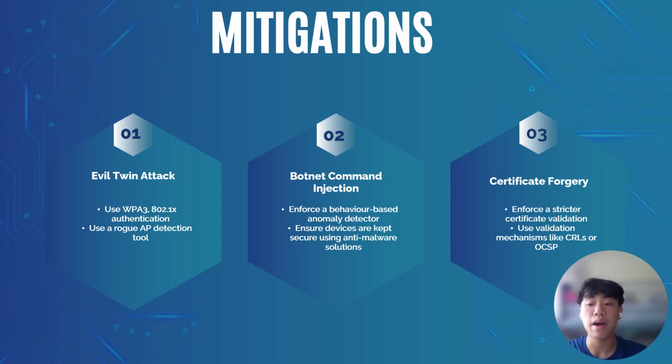Not only that, keep IoT devices updated with the latest firmware and use anti-malware solutions. Lastly, for certificate forgery, enforce stricter certificate validation and use validation mechanisms like CRLs, also known as Certificate Revocation Lists, or OCSP, also known as Online Certificate Status Protocol.